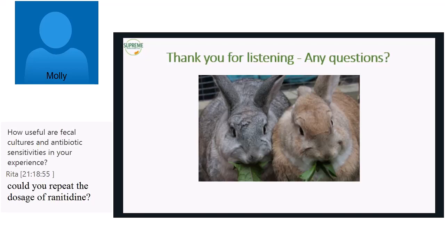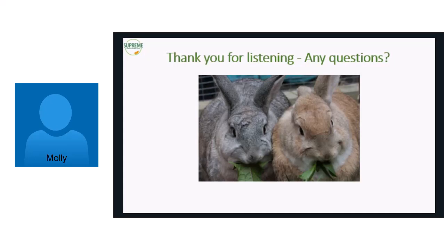If we have diarrhea and I'm looking for potentially something like salmonella, then that's a very different thing. But in most of these cases, I think antibiotics have potentially caused the problem or are not going to fix the problem. And generally, in my experience, most of these issues are not bacterial in origin. And in terms of looking for Clostridia, I think we'd be better off trying to look for endotoxin rather than culture it, truthfully. But often these animals are unwell or dead by the time we get those results.